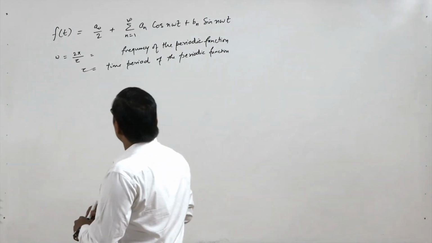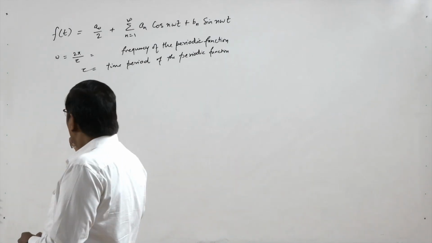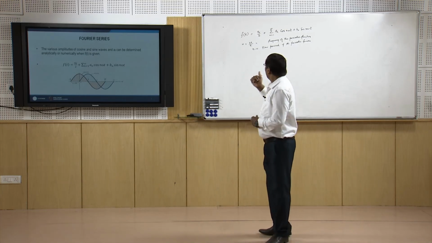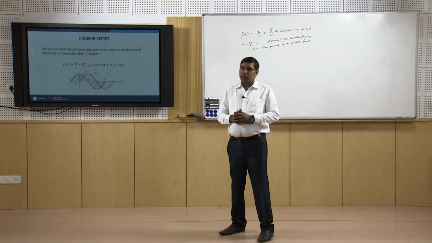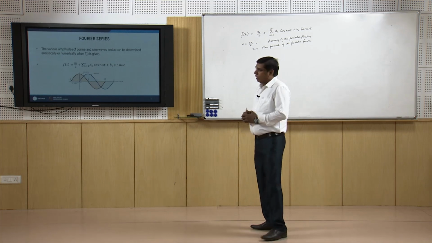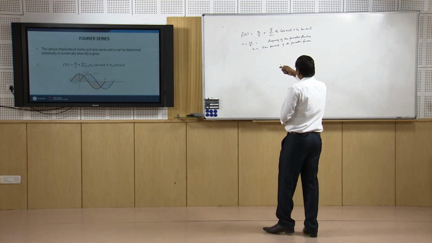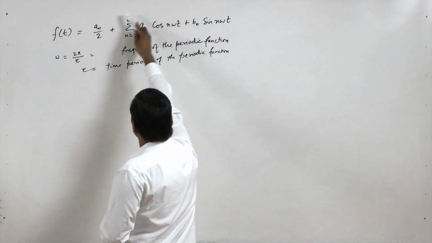So, if we can evaluate a0, a_n and b_n, because a0, a_n and b_n are the constants that we must know, then we can express our periodic function f(t) in terms of harmonic functions.